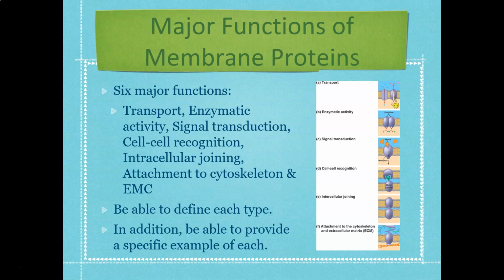Some of them are part of intercellular joining, so being those gap junctions, tight junctions, being able to seal one cell to the next in a tissue. Others will play roles in attaching cytoskeletal structures as well as fibers out in your extracellular matrix. And then that cell-to-cell recognition is also here as well.